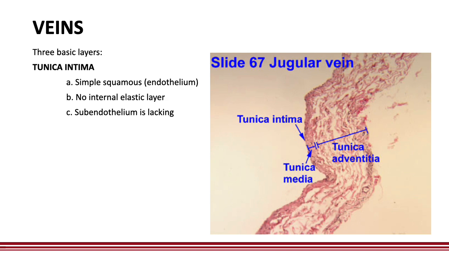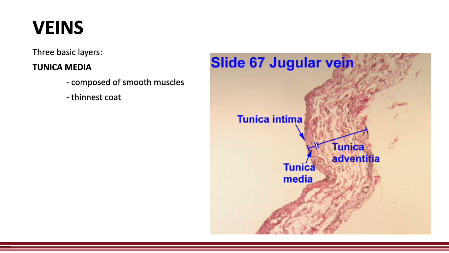However, in veins there is no internal elastic layer, and there is no subendothelium. So this is the reason why atherosclerotic events only occur in arteries, because it is the arteries that have subendothelial procoagulant molecules.